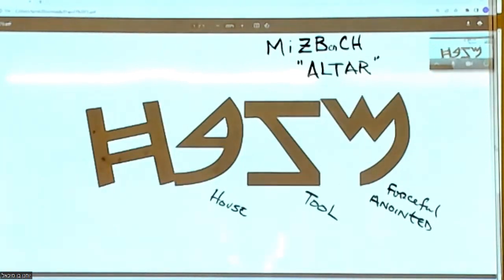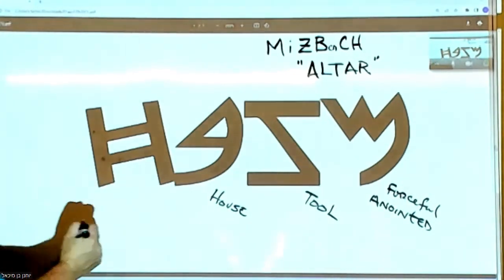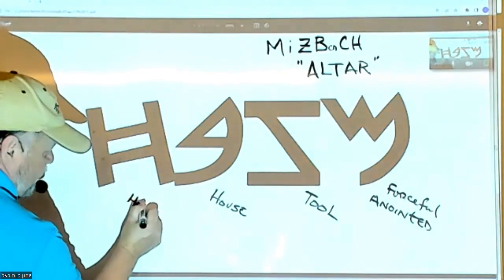And it says that he is holy and his name is holy. He is set apart and his name is set apart. So we can look at this as holy or sanctified.